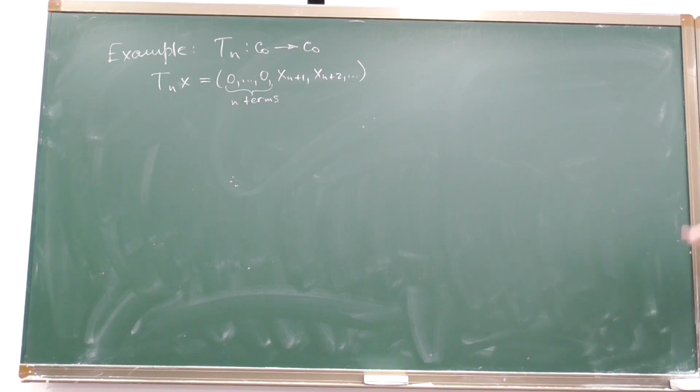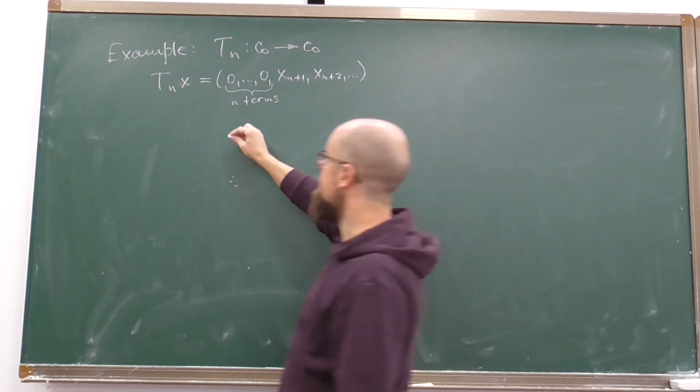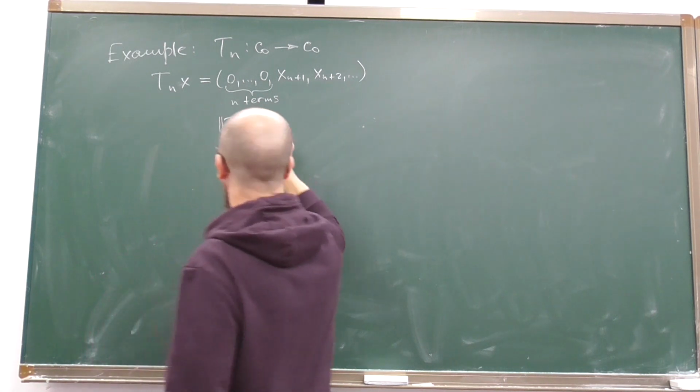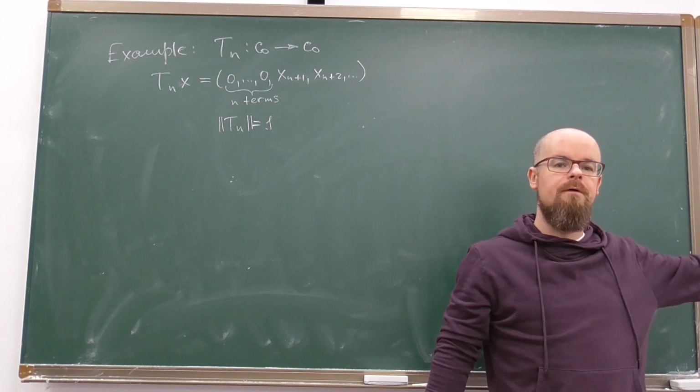It's not difficult to see that all of these operators are linear and bounded. Also, it's not difficult to see that the norm of all Tn is 1. So the right-hand side in this inequality is 1.